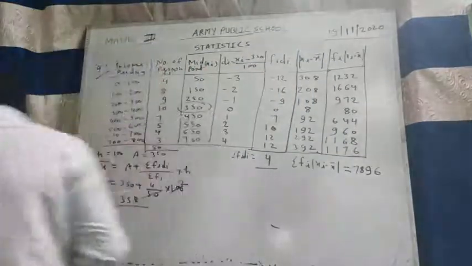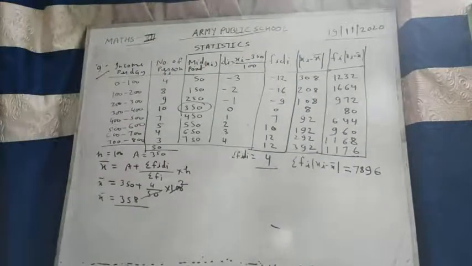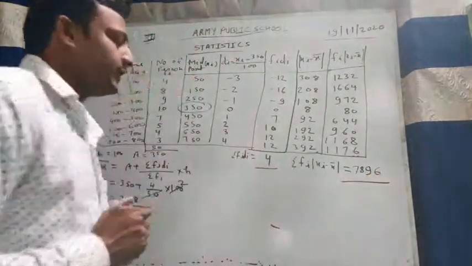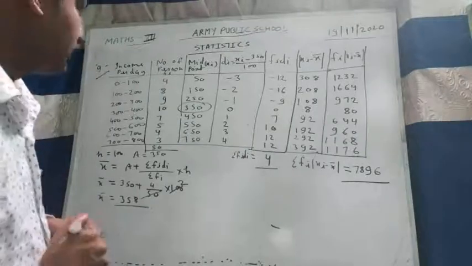So the sum is what? 7 8 9 6. So this is our summation fi modulus xi minus x bar.